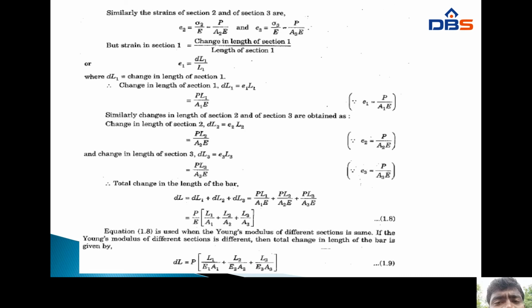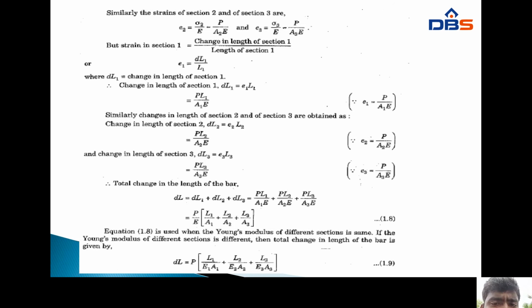Similarly, the changes in length of section 2 and section 3 are obtained. For section 2, dl2 equals epsilon 2 into l2, therefore dl2 equals PL2 by A2E. Next, section 3: dl3 equals PL3 by A3E.